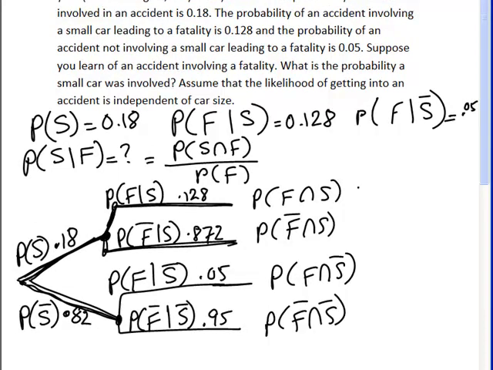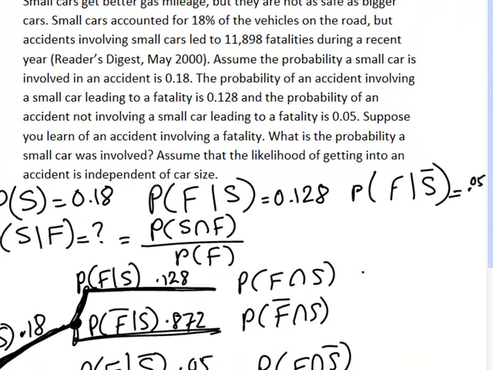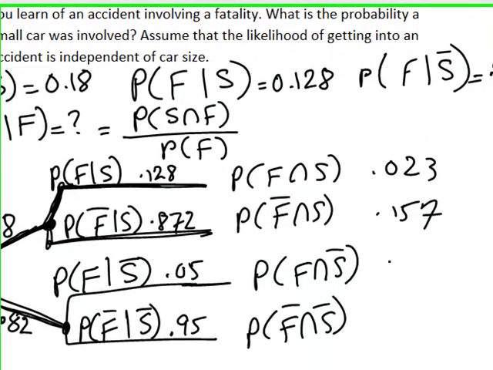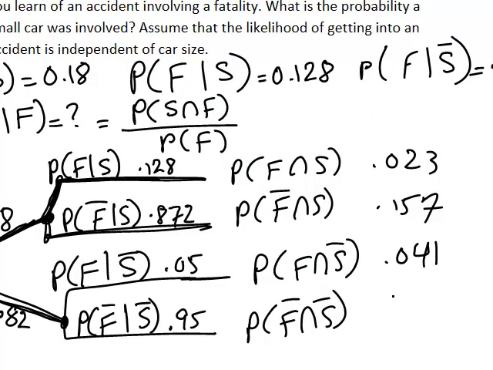And these we can compute by multiplying the prior probability times the conditional probability. So 0.18 times 0.128 is 0.023. The next one is 0.157. The next one is 0.041. And the next one is 0.779.